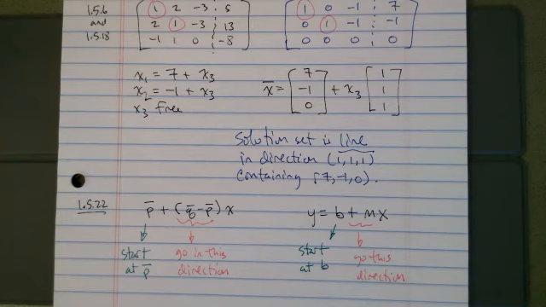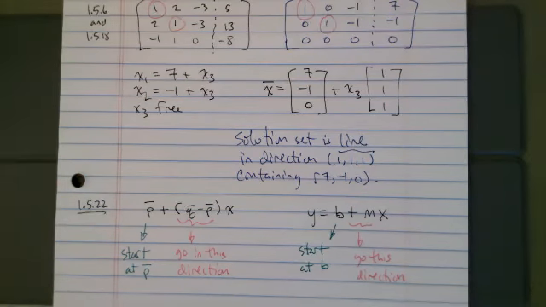Any questions? In 26, if A is a 3 by 3 zero matrix, then if we multiply the zero matrix by anything in R3, we'll definitely get 0. So the solution set to Ax equals 0 is all of R3, because 0 times everything will equal 0.